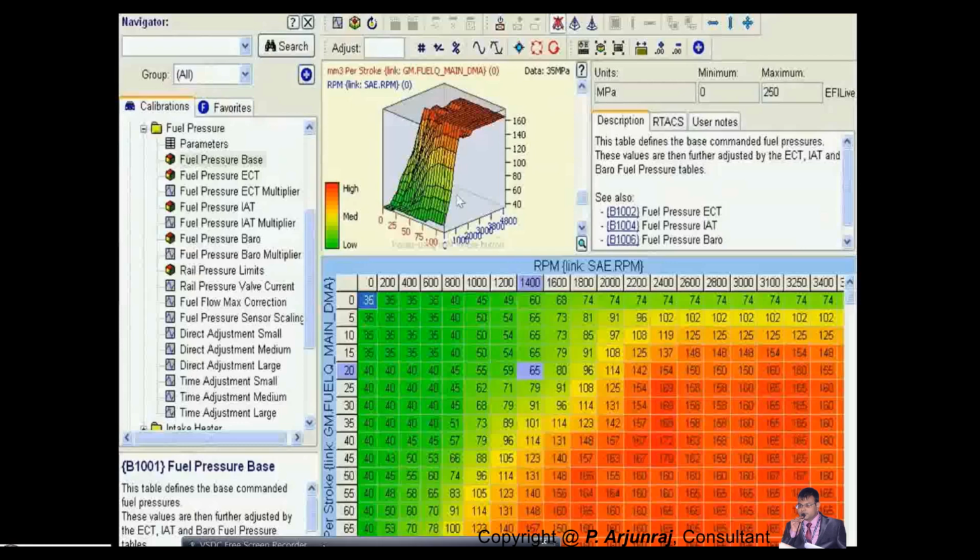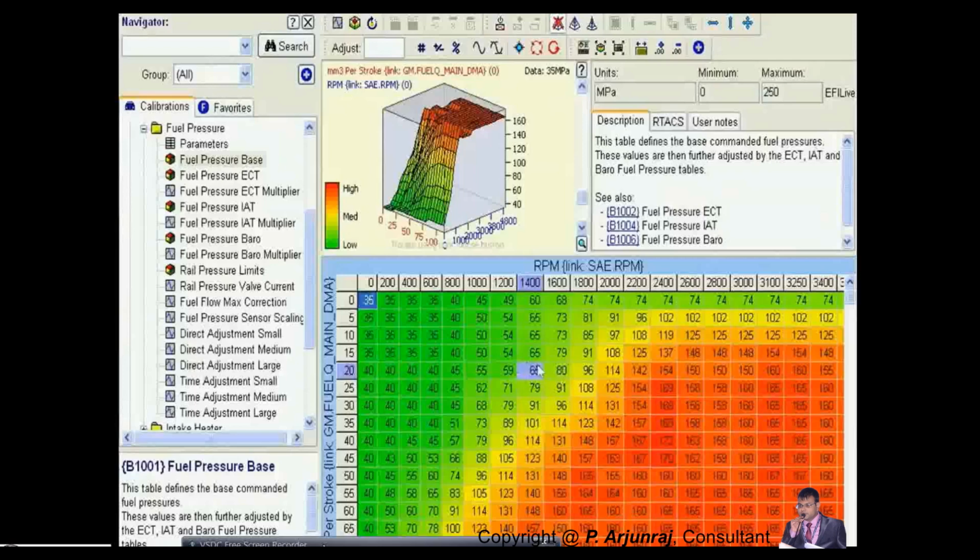say for example, when the engine is running at 1400 RPM, and this is the fuel quantity, and with respect to this is the pressure, what you're going to get, the fuel pressure.